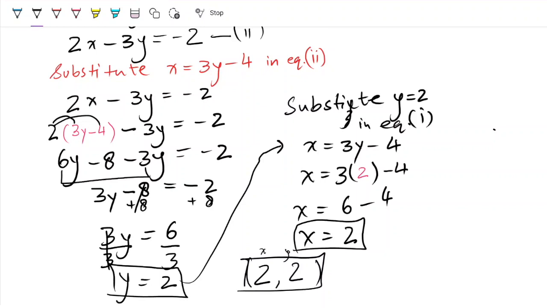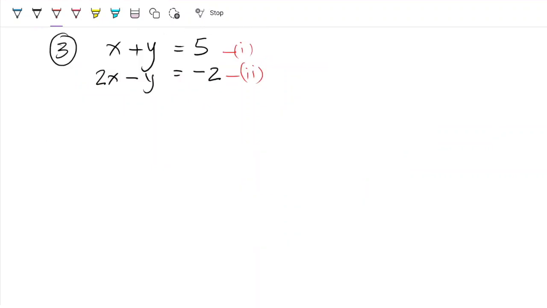Okay, let's do the third one, which is a little bit different than the two we just finished. As you can see, in this third question, none of the equations gives us the answer for x or y. We don't know the expression for x or the expression for y. So we will solve the first one as it is easy.